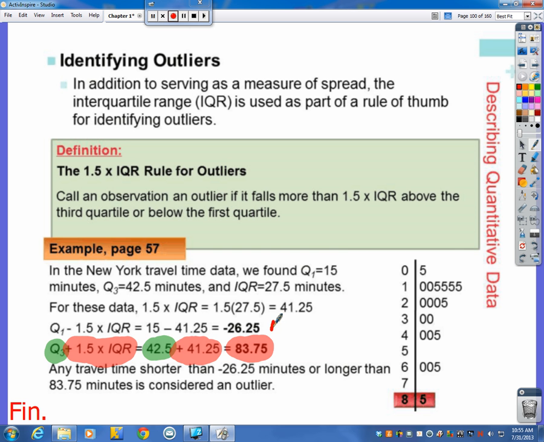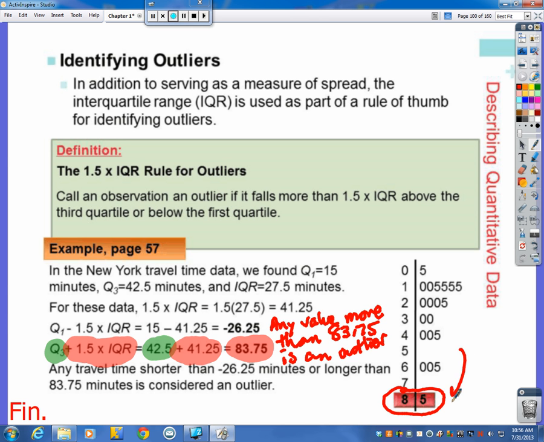So we're saying any value more than 83.75 is an outlier. Did we have any values that were more than 83.75? We did. We had 85, which is beyond our limit here of 83.75. So now we can mathematically call this value an outlier.